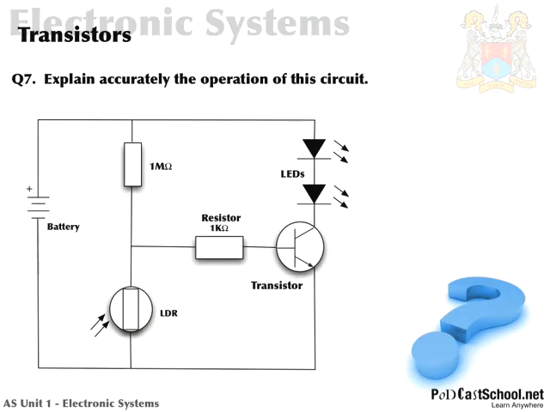Now we've jumped right into an application here, and you can see the transistor in the circuit, along with various other things. Depending on whether you've seen this stuff before, this will either be easy or maybe a bit more difficult, but I'll explain it through just now. We have a battery, and of course the battery is providing the energy to the circuit.